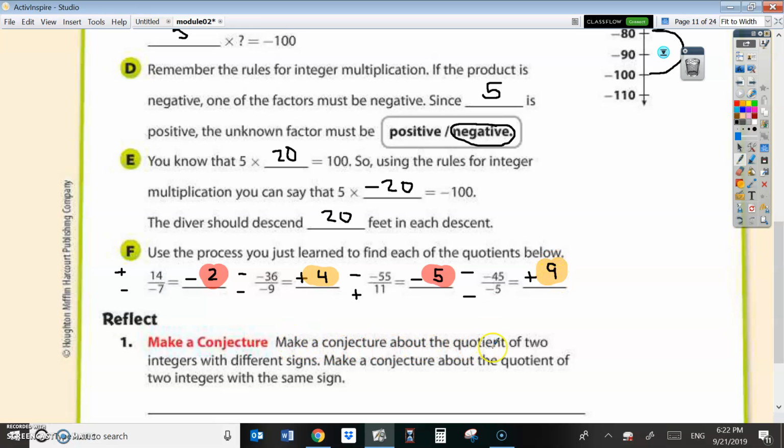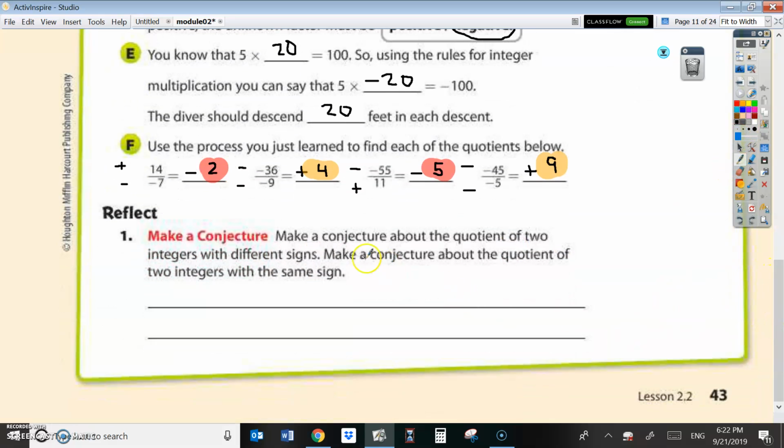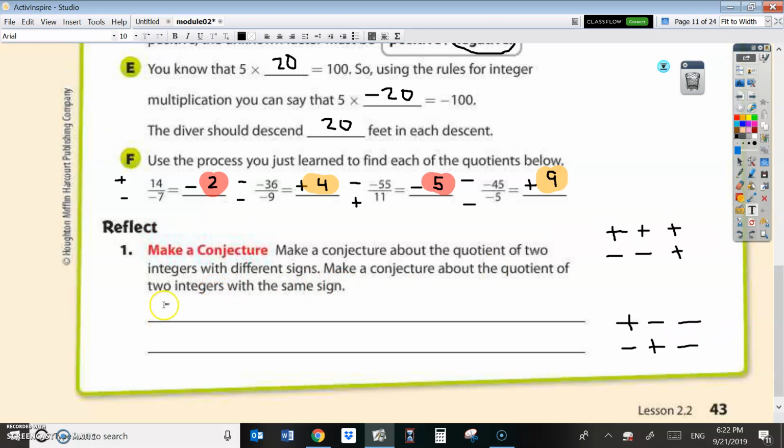Make a conjecture about the quotient of 2 integers with different signs. Make a conjecture about the quotient of integers with the same signs. So, you know that same signs are positive, and different signs are negative. So put that in here.